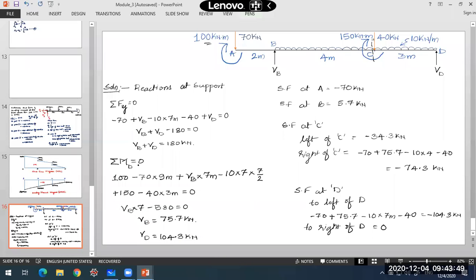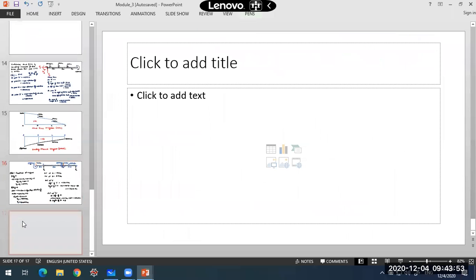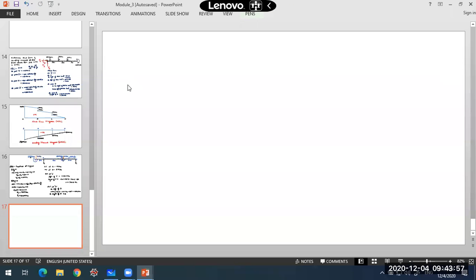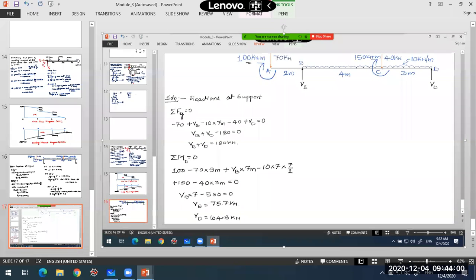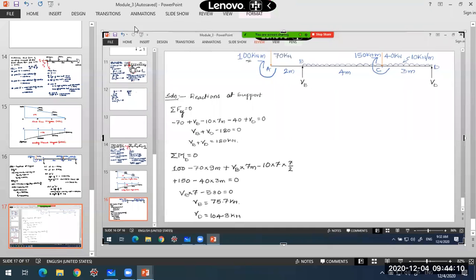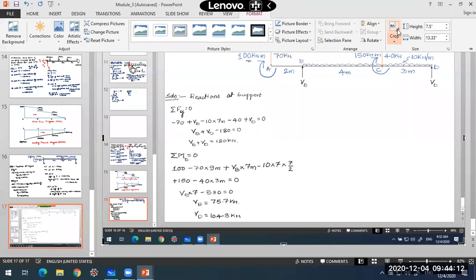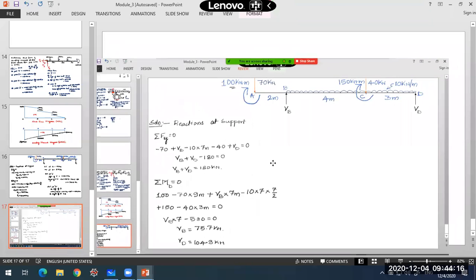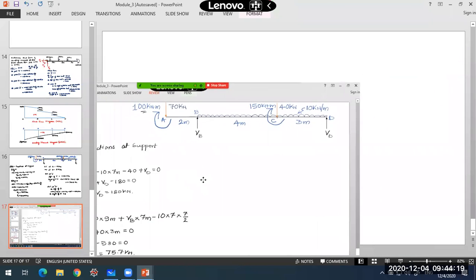Now what we require is the bending moment values. So what will be the bending moment values in that case? This is our beam that I have taken.